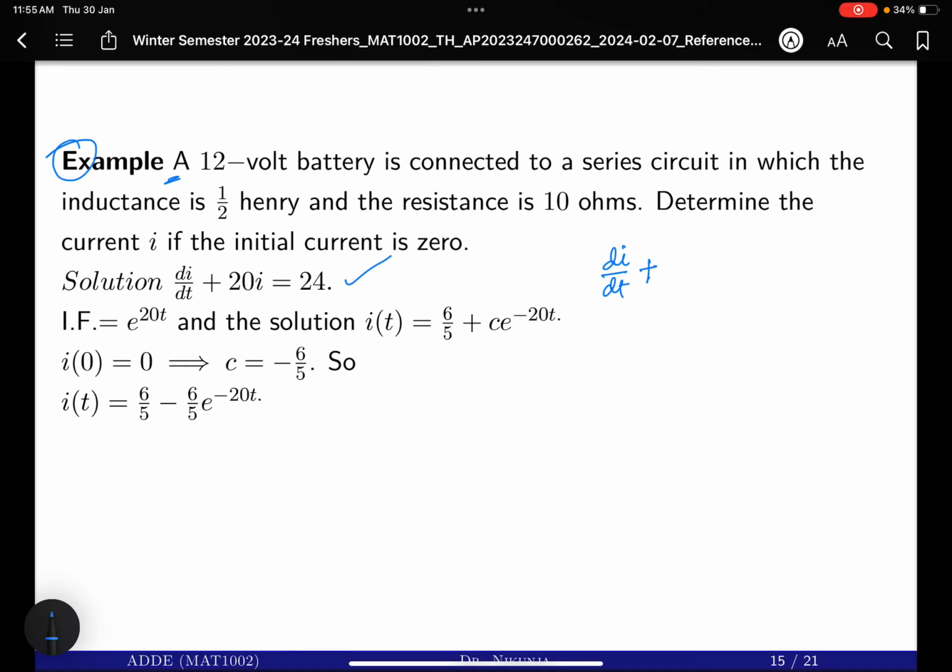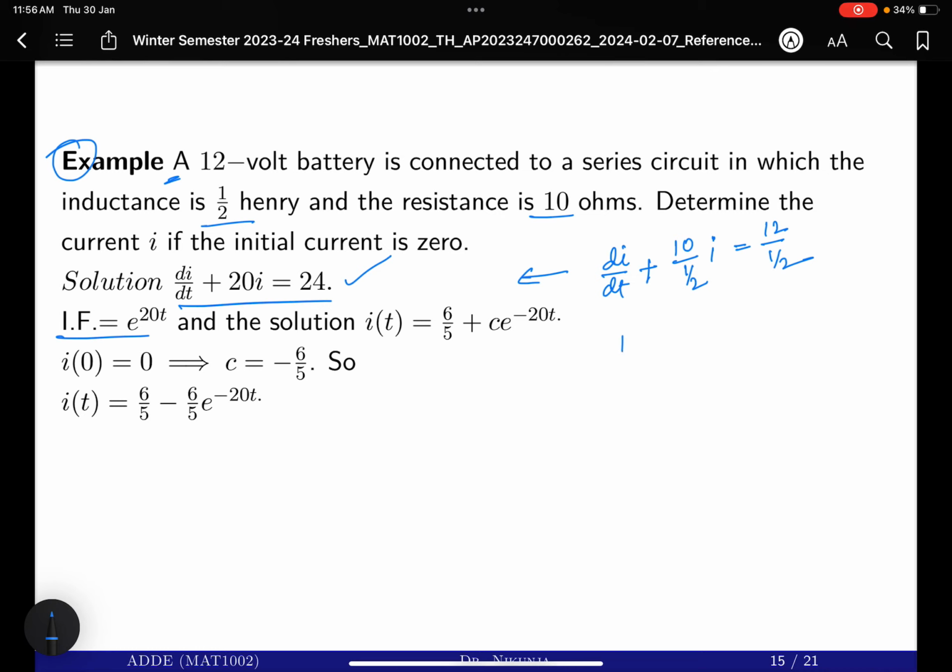R is 10, and inductance is half, so 10 by half I. E is 12 by half, so that gives you this expression. This is again a linear differential equation, so you can find the integrating factor, e power integral of P dt, so the integral of 20 dt.